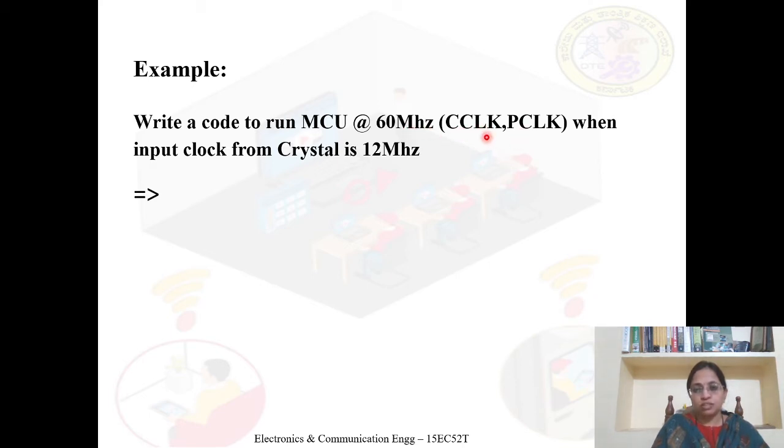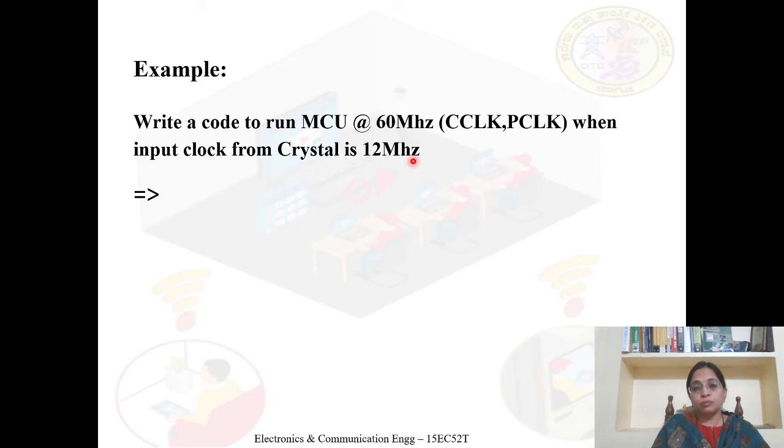So both CCLK and peripheral clock should be equal to 60 megahertz. And the input frequency, the frequency of the crystal oscillator, is 12 megahertz. This crystal oscillator is the input frequency to the PLL, and 60 megahertz is the output frequency of the PLL.